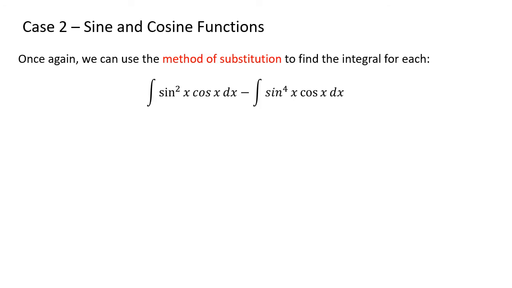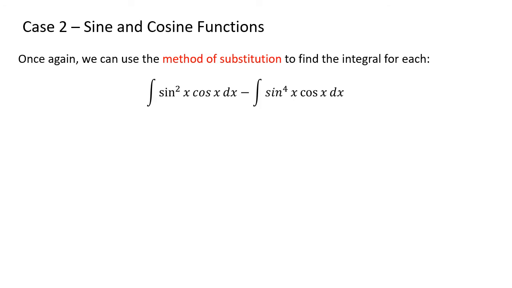So now again, we can use the method of substitution to solve for both of these. And what I'm going to do this time is, you can see both of them have a cosine of x dx. The same thing happened in the previous case. But what I want to show you is rather than doing a method of substitution separately for both, you can actually do just the one method of substitution and substitute it in for the entire integral, so both integrals.